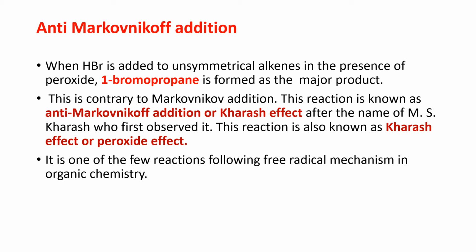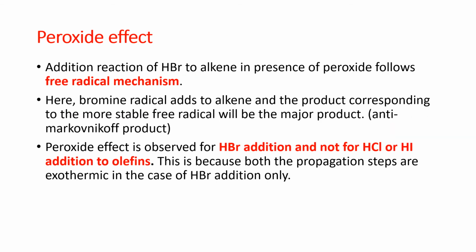And peroxides get converted to free radicals easily. So the mechanism is free radical addition and not electrophilic addition in this case. So addition reaction of HBr to alkene in presence of peroxide follows free radical mechanism.